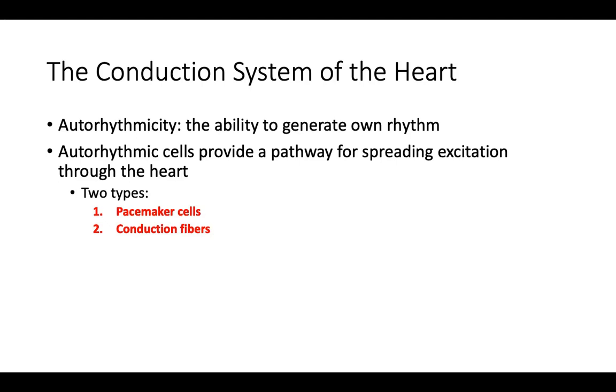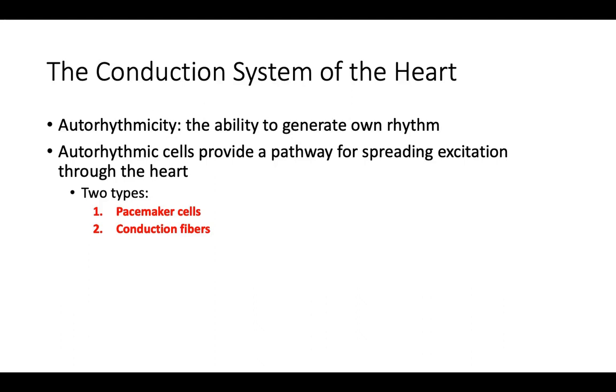So these cells make up a smaller percentage of the heart, and they are responsible for setting the rhythm, setting the rate of the heartbeat as we know it, and really determining the initiation of that electrical activity. We then have other groups of cells, which we will talk about going forward, but these make up the majority of the cells.